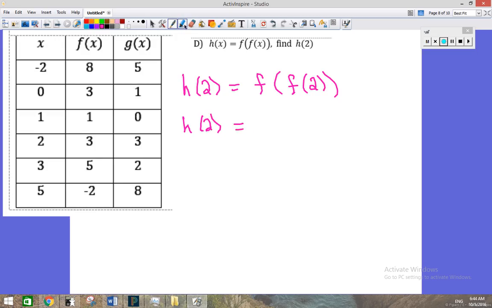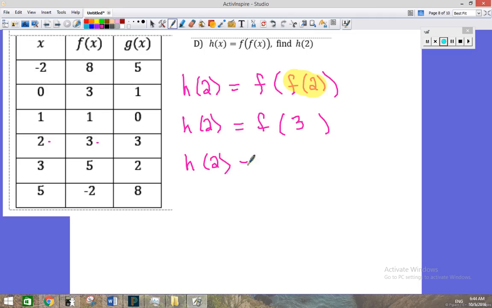We need to replace this f evaluated at 2 with a number. And we get that from the table. So when x is 2, f is 3, and now that's the new input. The output of f evaluated at 2, which is 3, now becomes the input for f evaluated at 3.